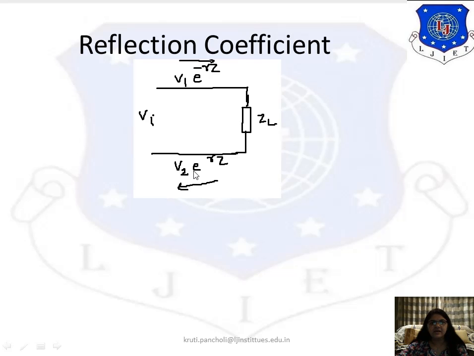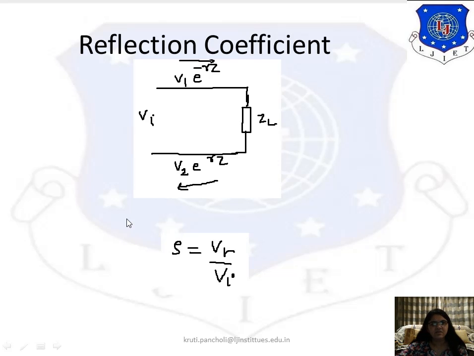This is the reflected wave, V2 e raised to gamma Z. So the incident wave Vi travels in this direction and is reflected from the load. This way we need to find the reflection coefficient.